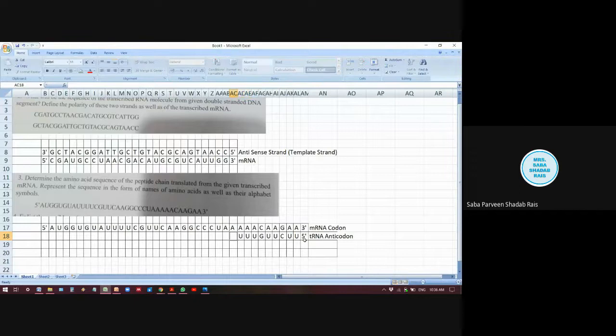U, U, U. In theory, in detail, we are going to talk about how all this happens, how these codons are added, all this interesting transcription and translation we are going to learn in the theory. C, then we have U, U, G, A, A. Here what will come?